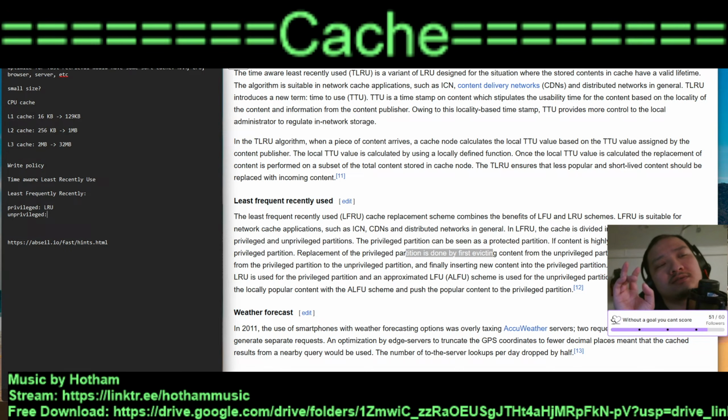So whatever is least used the longest will be populated from the unprivileged and pushed into privileged. Privileged is approximate least frequently used. Frequently used.